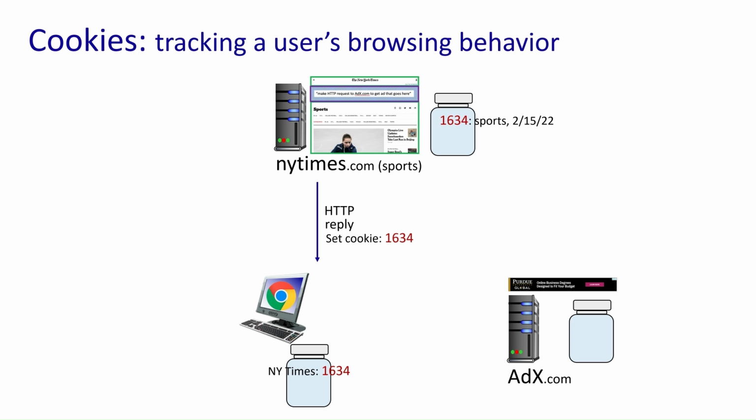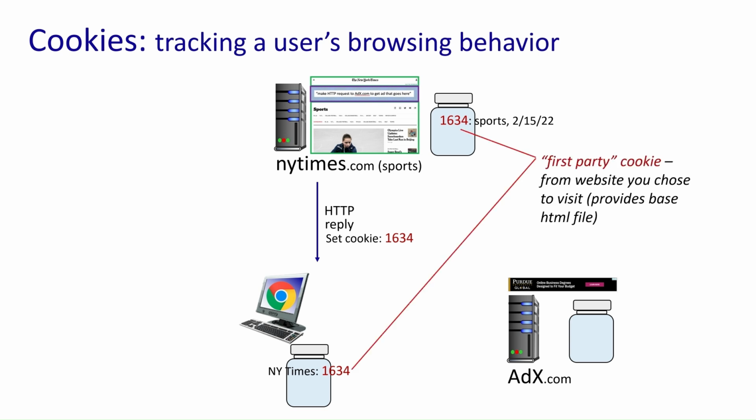Now remember, the client also needs to maintain a file at the client machine, managed by the browser. So we'll record this. For our future interaction with New York Times, I'll be using this ID 1634. We call this a first party cookie.